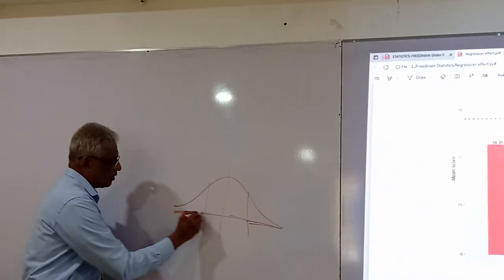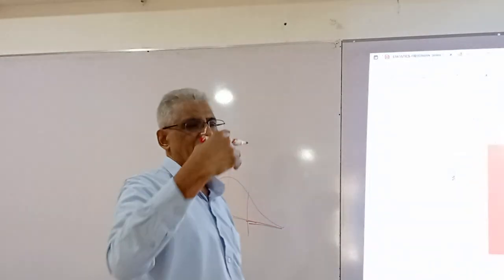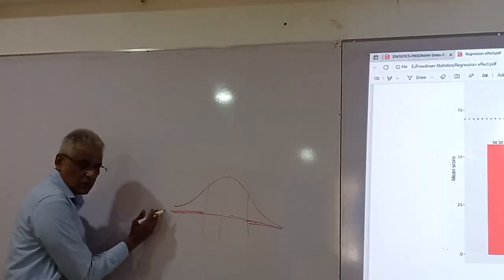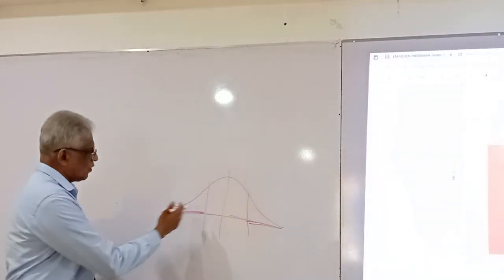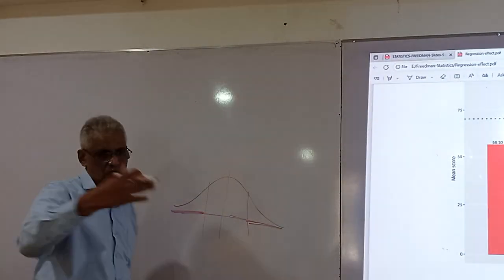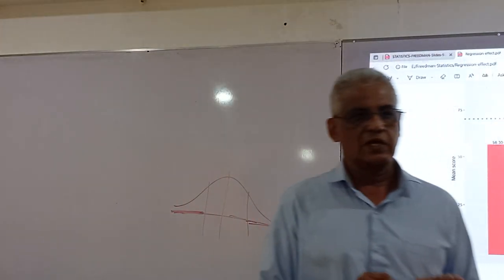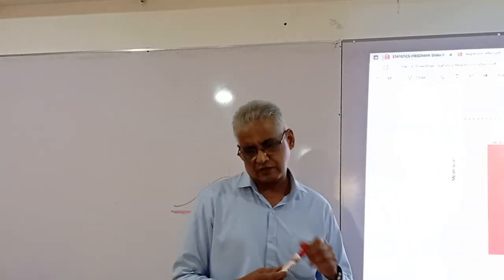There are some, maybe a somewhat small number of people whose x value at the beginning is very small and also very large. These very small values and very large values usually occur because of large random errors, what you call chance errors.